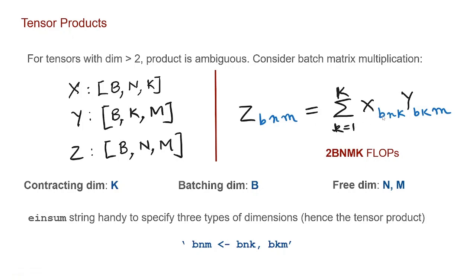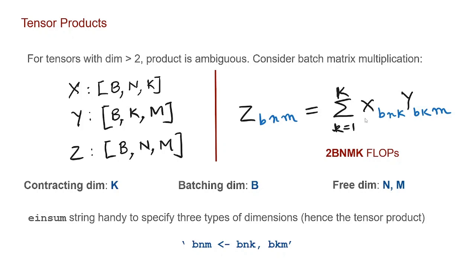So we are not summing here over the B dimension, although it is present in both tensors. And those dimensions which are present in only one of the two input tensors and also in the output tensor are called the free dimensions. So here, N and M are the free dimensions.